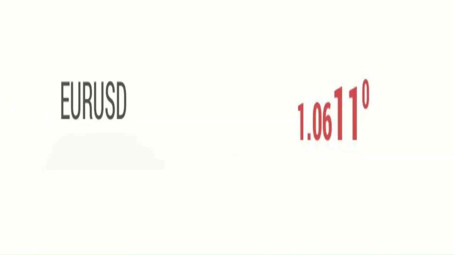I hope you understand this now. So let me re-explain. EUR/USD, the current value is 1.0611. If it makes a 1 pip movement, it becomes 1.0612, which means we added the 1 pip to the fourth decimal place. I hope you are taking notes.